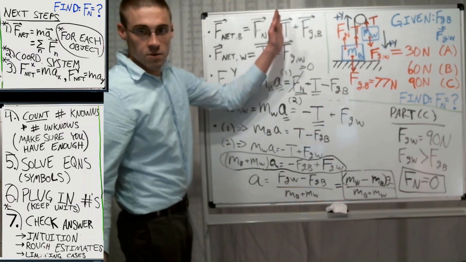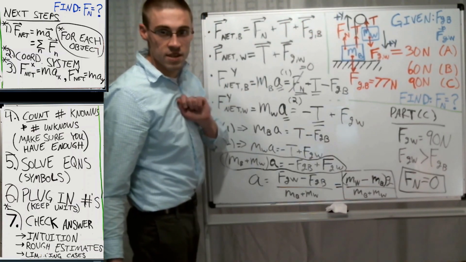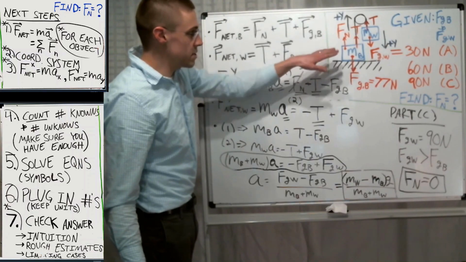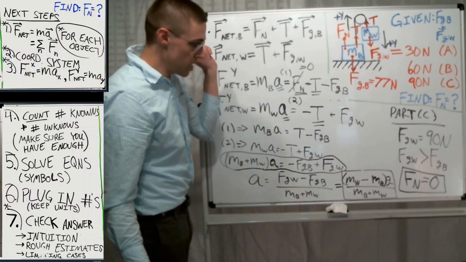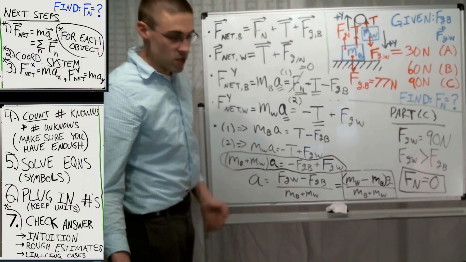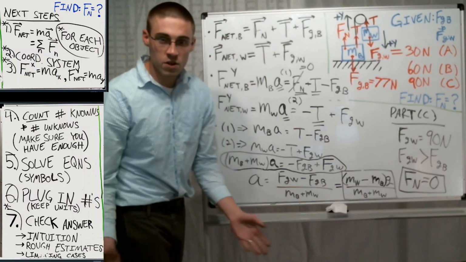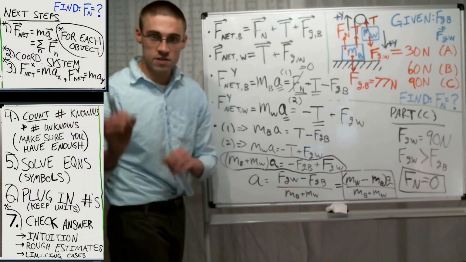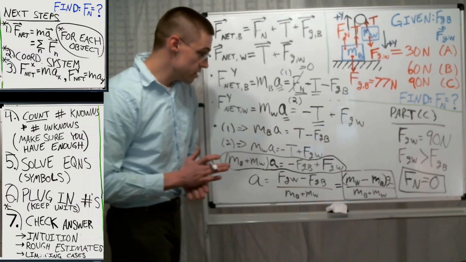It's just going to sit there, right? If that weight and that weight are exactly the same, then this mB is just kind of going to be hovering above the surface, right? The normal force is going to be 0, but the acceleration is also going to be 0. And there's a difference between the two masses there in the numerator, so if they're the same, the acceleration of the system is 0. Okay, so that's a good check.